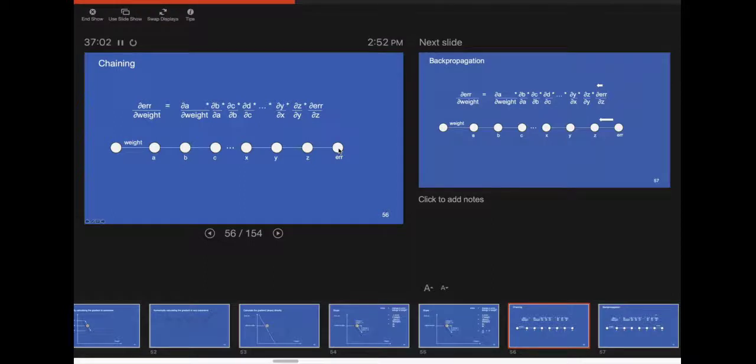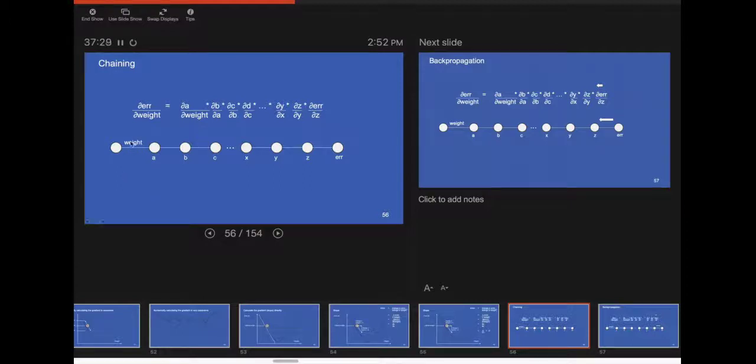This is just a representation of one such path which goes through everything. The first thing we want to do, like I said, is calculate this quantity: how would the error at the output change if I change one of the weights, let's say at the very beginning, ever so slightly? That's what a gradient is, right?